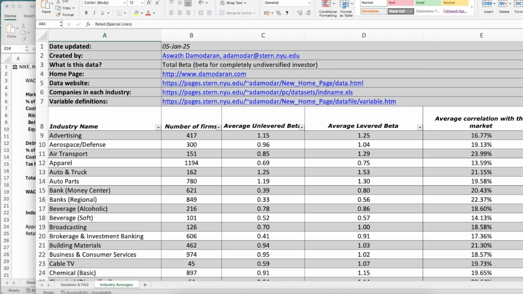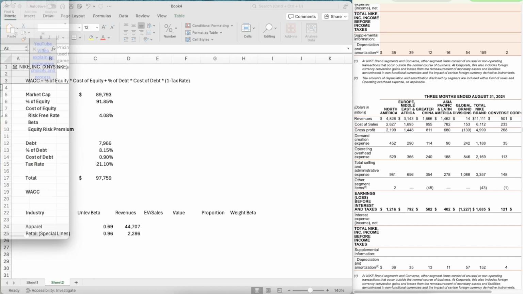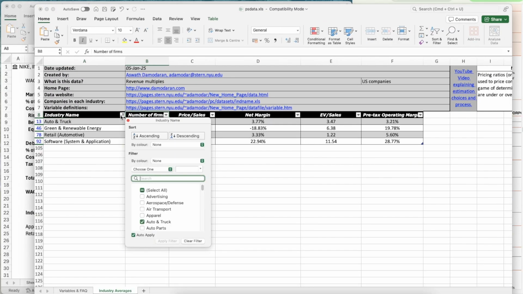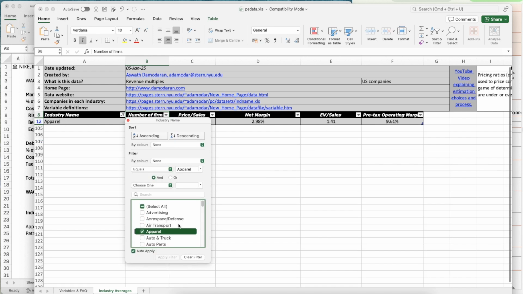So this is the beta spreadsheet. We now want the price to sales data. We just want apparel, retail special line.